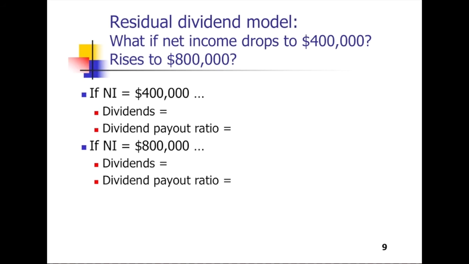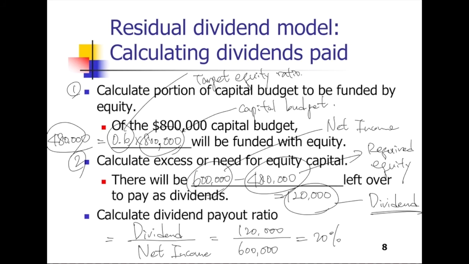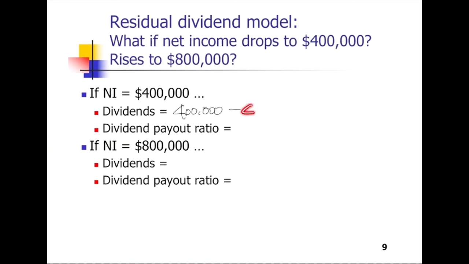Now say the net income dropped to $400,000. So in this case, the dividend can be calculated by the net income subtract this amount of money, right? The required equity. This amount of money should be funded with equity. So input the numbers.